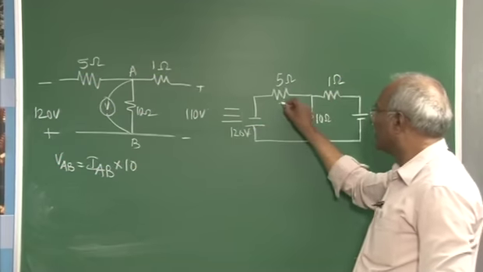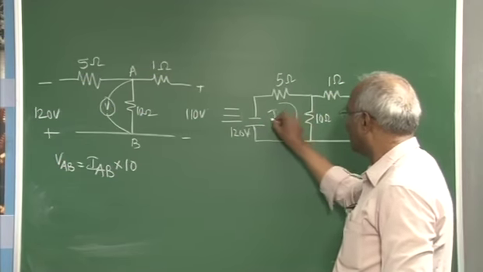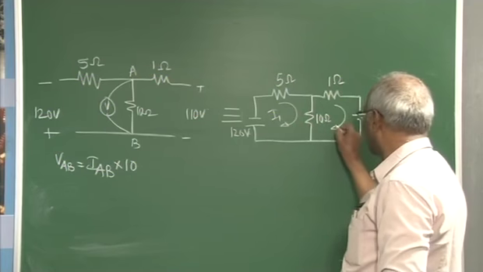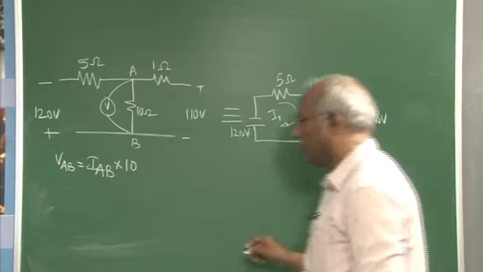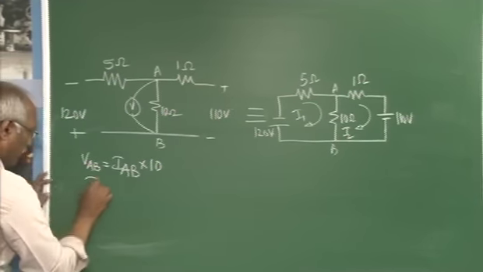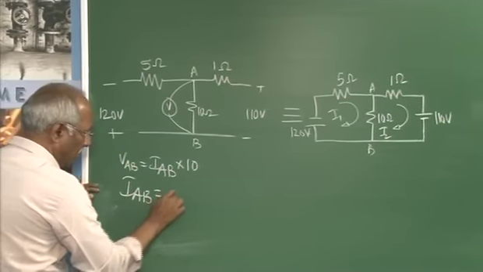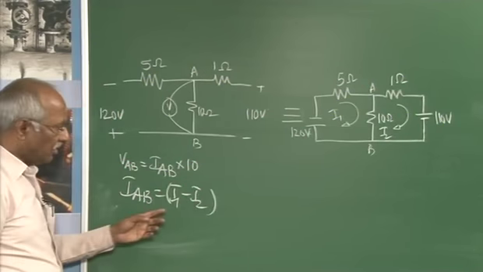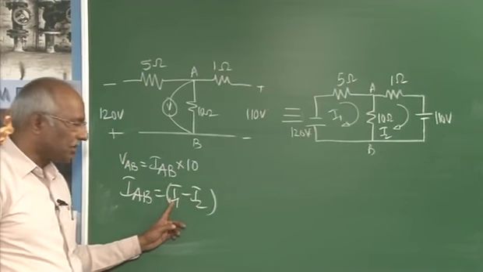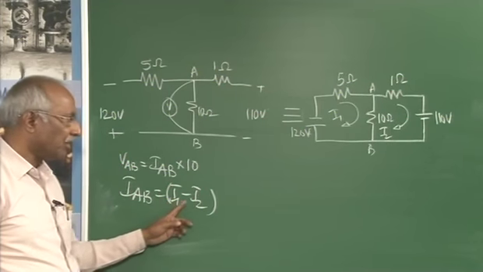If I assume a current of say I1 in this loop and I2 in this one, this being A and B, IAB is obviously equal to I1 minus I2. If it is positive, the current will be in the direction of I1. If it is negative, it will be in the direction of I2.